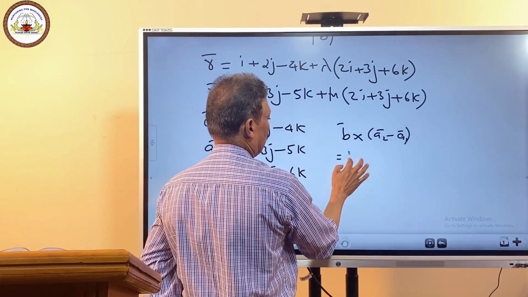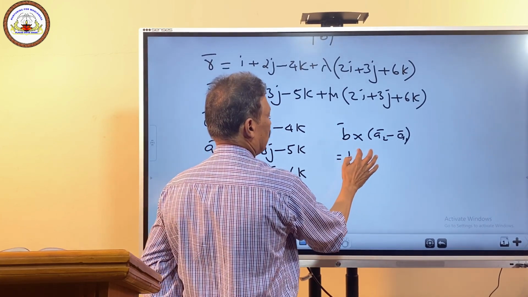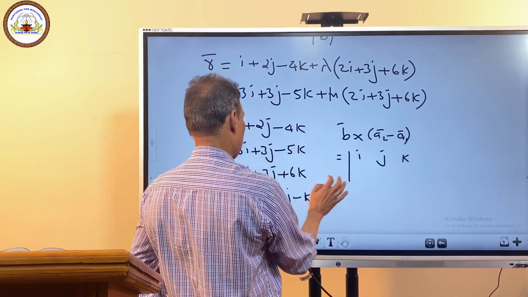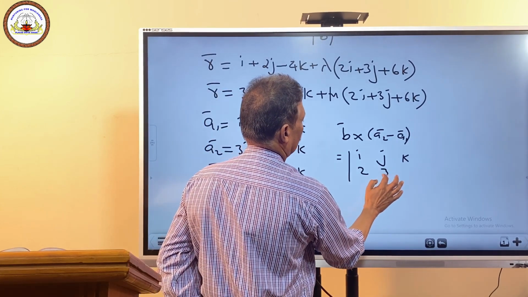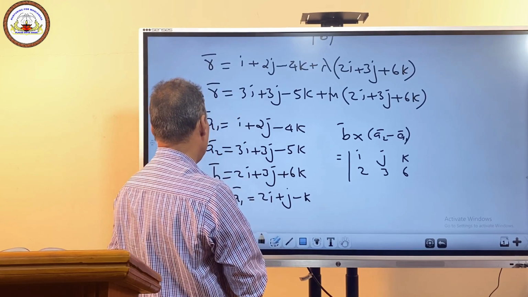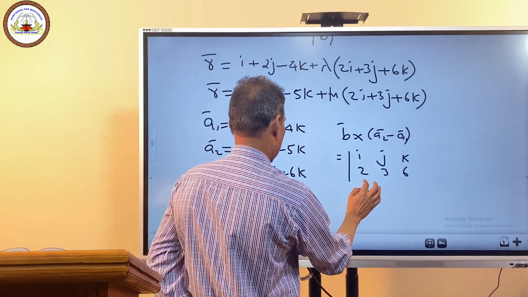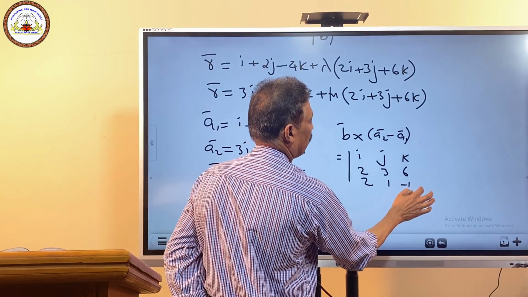That is equal to the determinant with i, j, k, B is 2, 3, 6, and A2 minus A1 is 2, 1, minus 1.